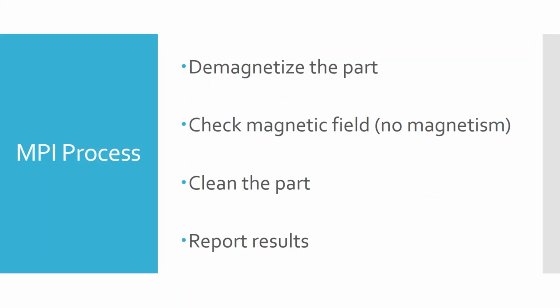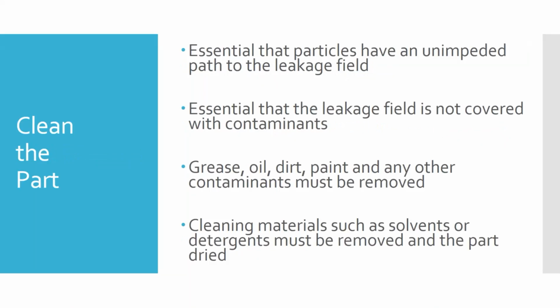And then after we demagnetize, we verify it's been demagnetized by checking for the magnetic field, making sure there is no residual magnetism. We then need to clean off any residue, any of our testing material, and then you're going to report out on the results.